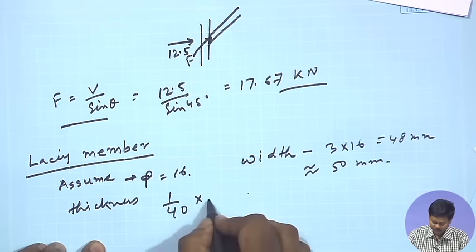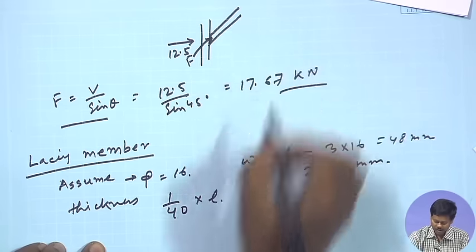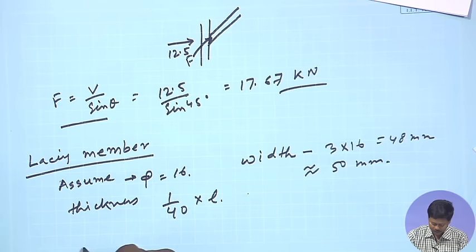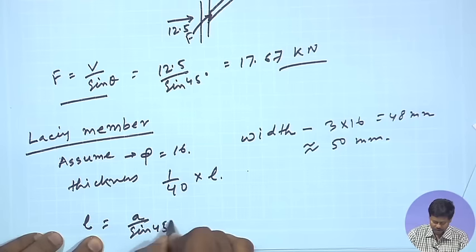Now, length between two plates we have to find out. Now, length between two plates can be found as we calculated length as A by sin 45 degree.